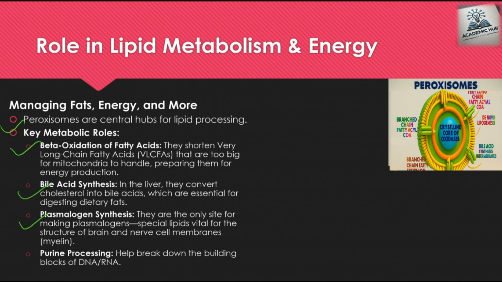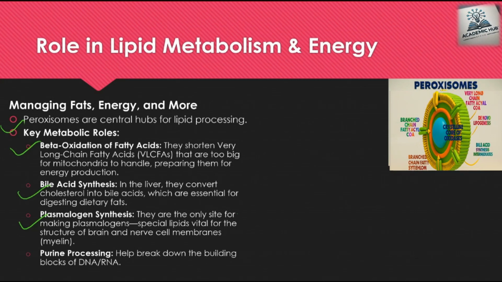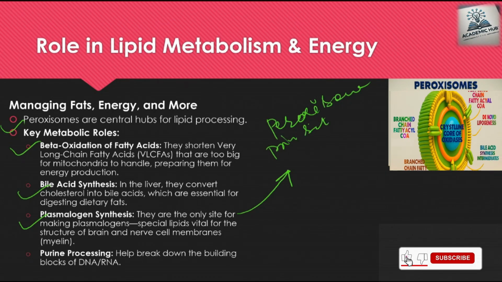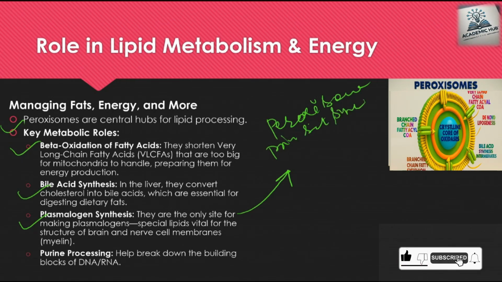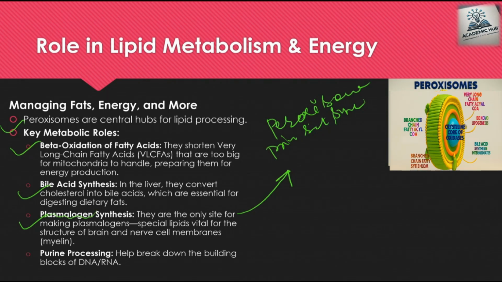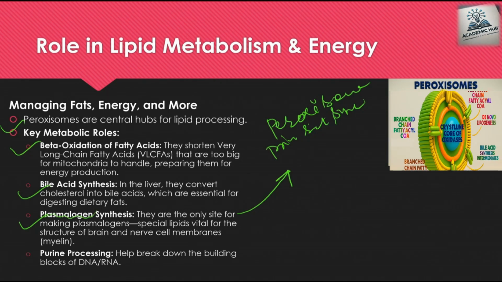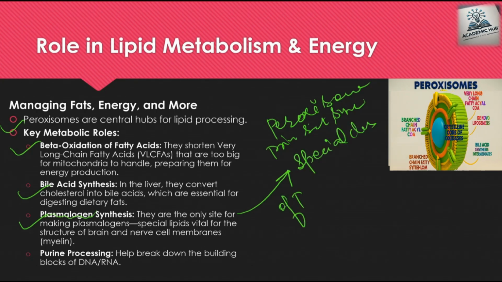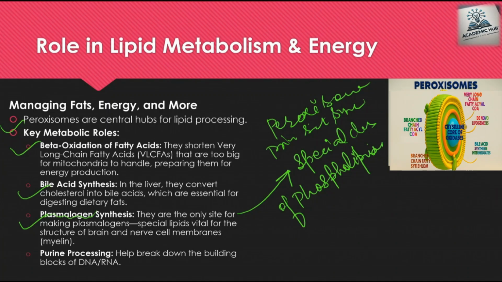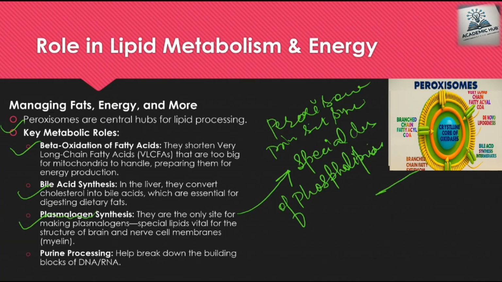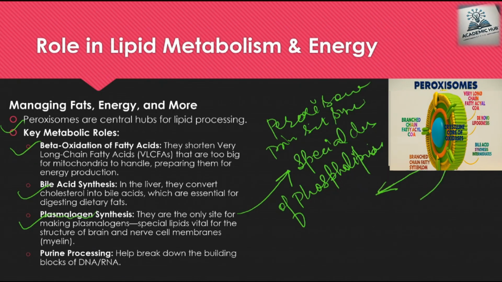So now we will talk about plasmalogen synthesis. Peroxisomes are the primary site for synthesis of plasmalogens, a specialized class of phospholipids. These molecules are absolutely important for the structure and function of brain and nerve cells.